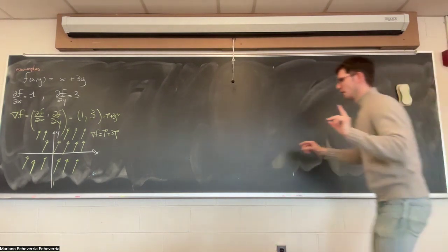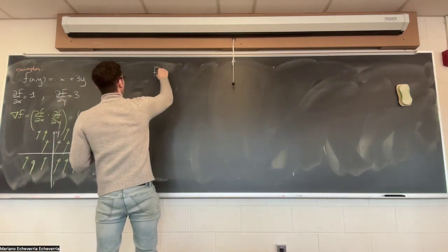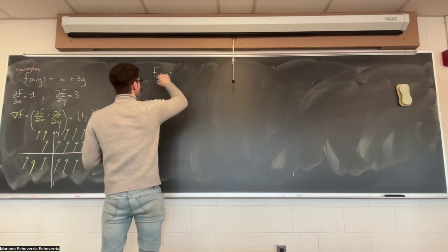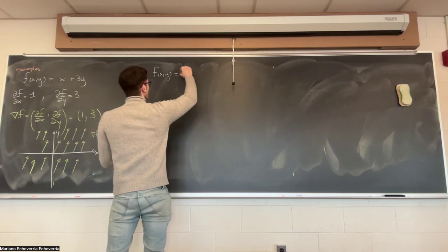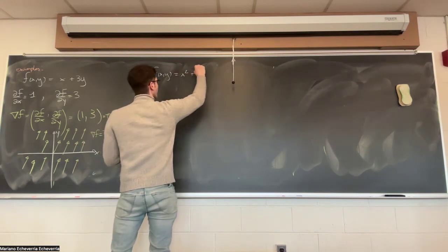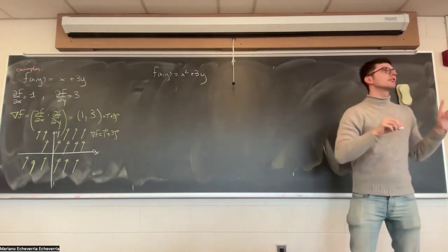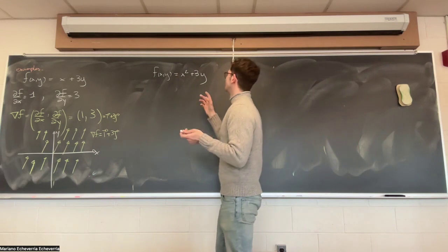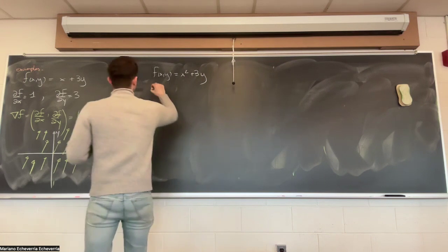Here's another example. The only thing I'm doing differently now with respect to the previous function is that I'm replacing x with x squared. So what are the partial derivatives now?